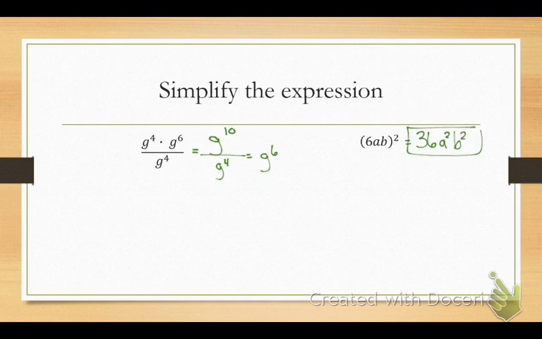If you write 6 squared in your answer, you're going to lose a point on your test tomorrow, because you can evaluate 6 squared to be 36 and then a squared, b squared. It goes along the lines of what we just did in that last slide. When I have a product raised to a power, I have to raise every term inside the parentheses to that power. Okay? All right, good job on those.